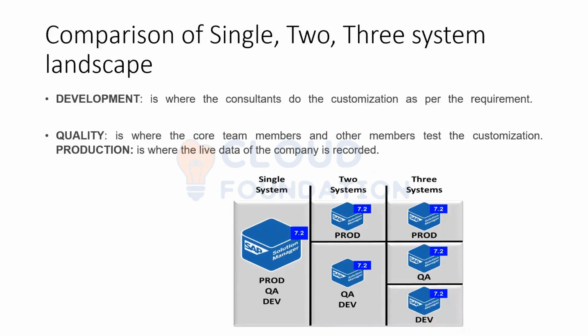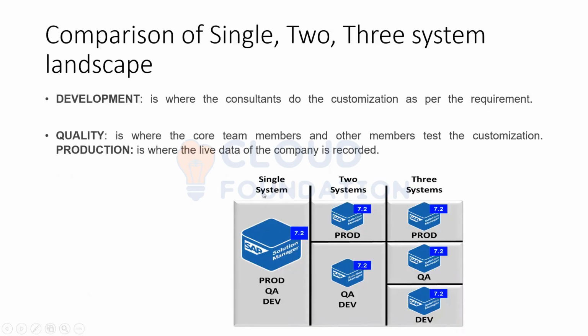And this is what you said before: development, quality and production, which is nothing but the landscape. How the landscape is developed, and with how many systems you establish it, depends on the client requirement. But for every SAP system, there will be those three layers: production, quality and development. Initially it was a single system.